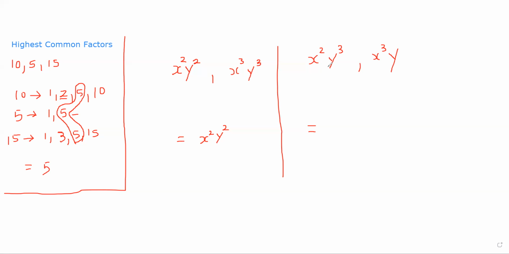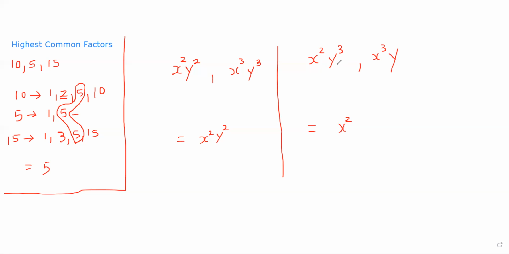We focus on the x first. We have an x squared and an x cubed. What is the lowest? x squared is the lowest power. So x squared has to be part of the highest common factor.